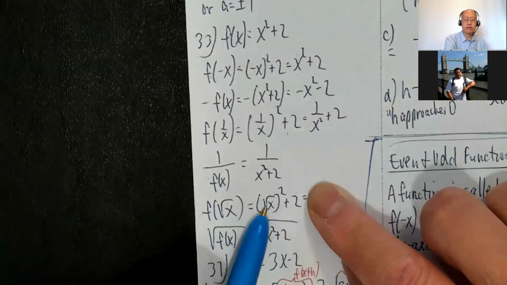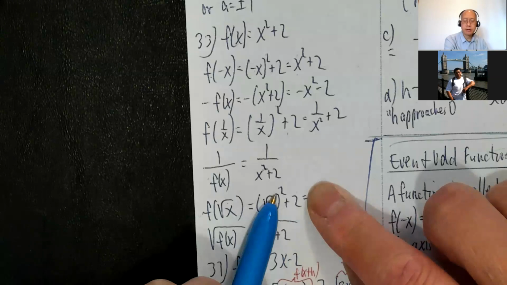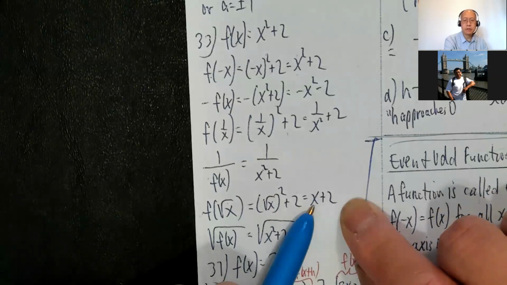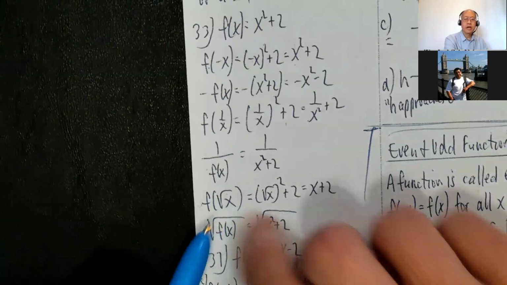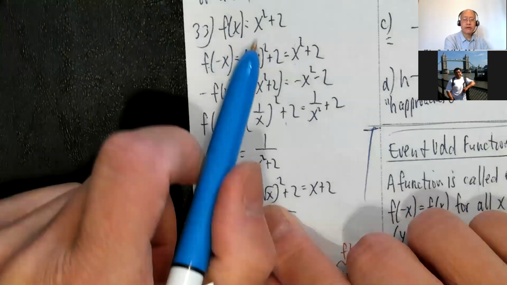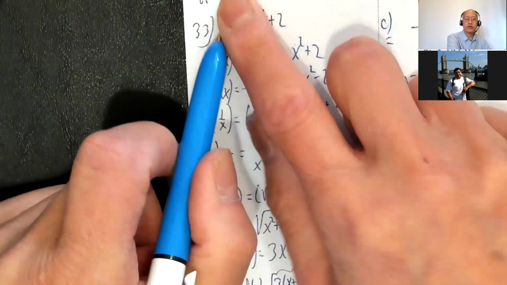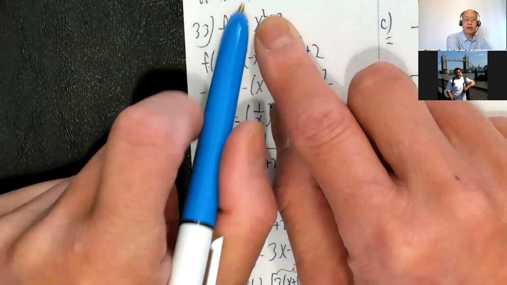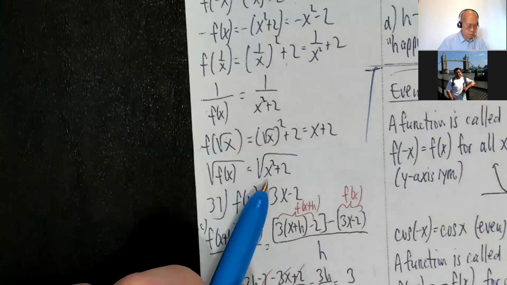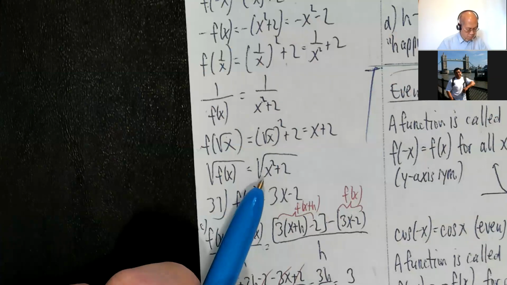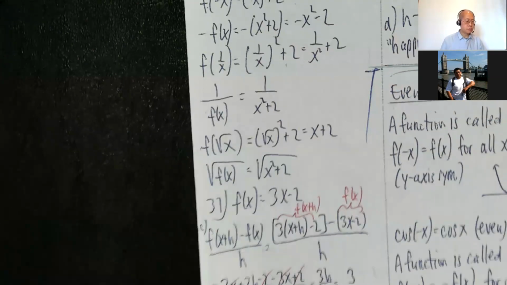But what happens when you have a square root squared? Just x plus 2. And finally, square root of f of x, just give me the square root of this whole thing, right? So I radical that whole thing. So there it is, square root of x squared plus 2. All right, so that's the way that one works.